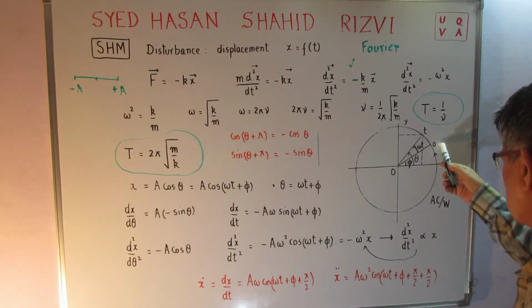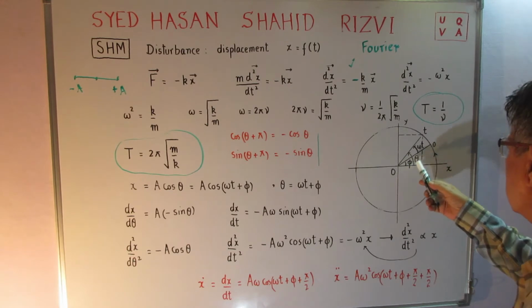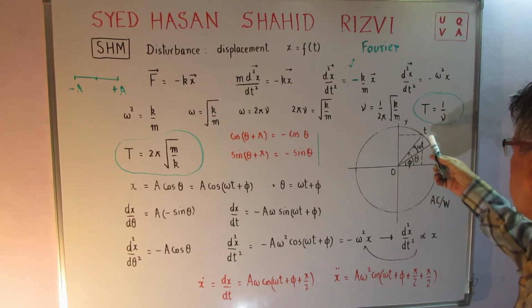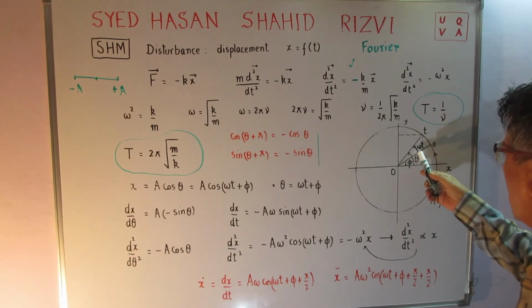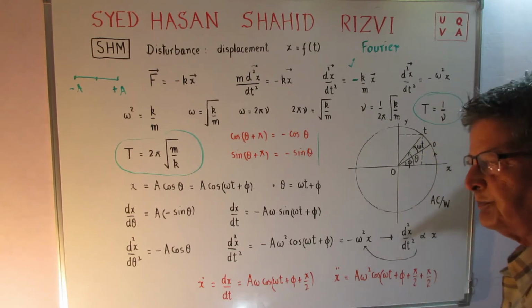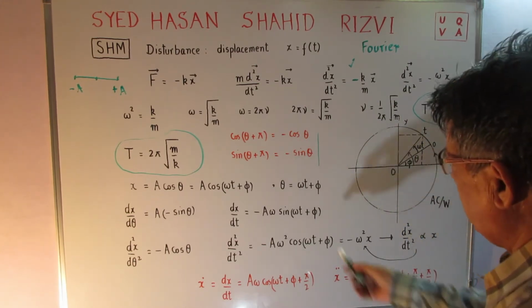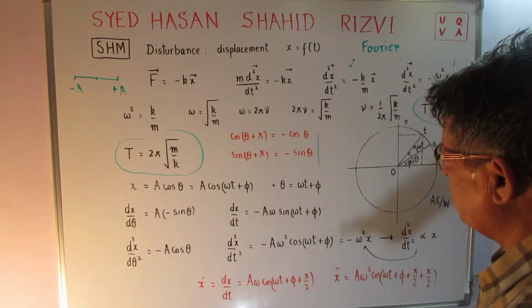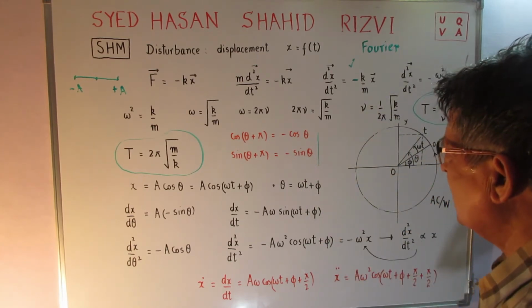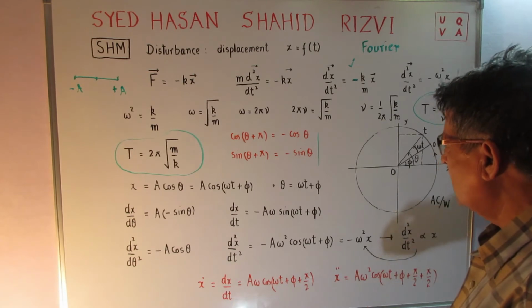Initially at time t is equal to 0, the angle over here is phi, and finally at any time t, it becomes equal to omega t plus phi, where omega is the angular frequency and phi is called the initial phase. What is it called?